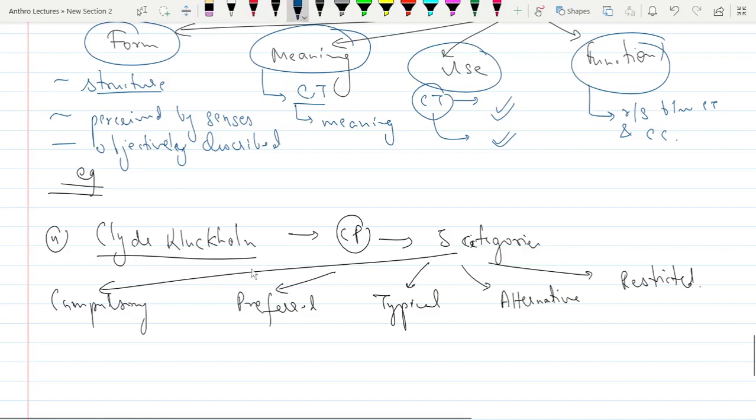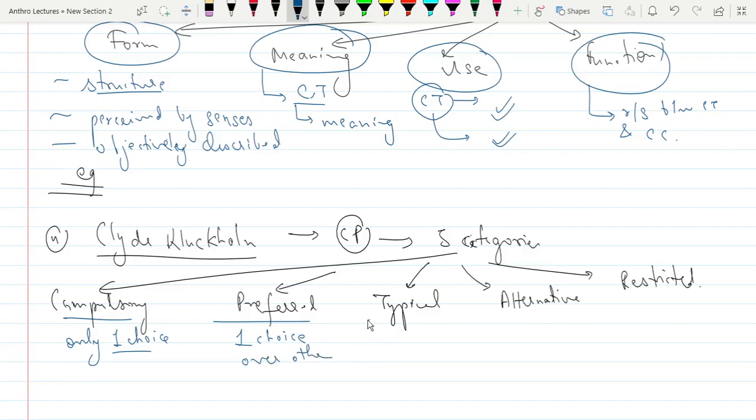So in compulsory, if there are many choices, then only one choice will exist and there will be compulsion over the others. In preferred, one culture will be practiced over the other. In typical, there will be several choices, but one will be more expressed.